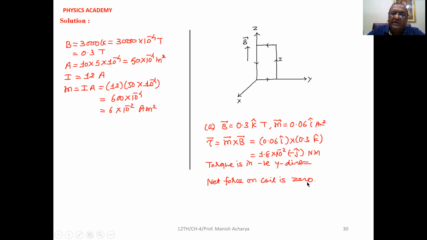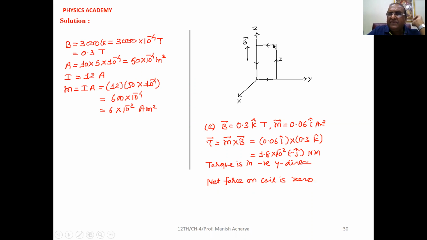Net force on the coil. So the net force on the coil will be 0, because if we think about this particular side and this side, for these two, B is parallel to the current and anti-parallel to the current. So force F is BIL sine theta, which is 0.